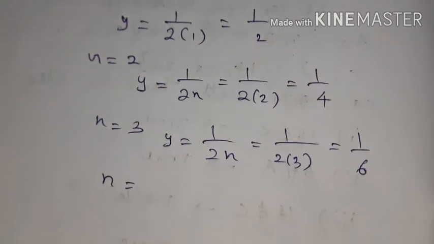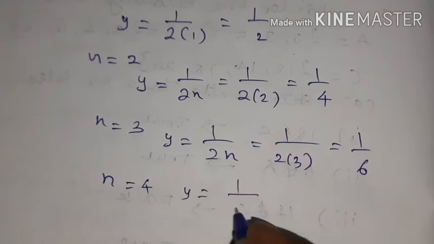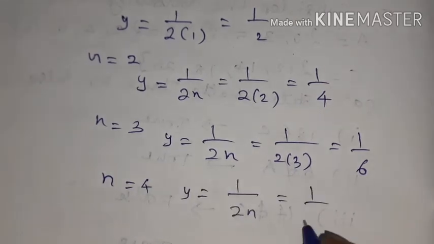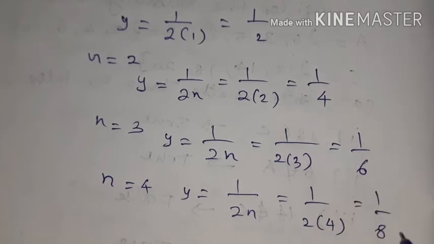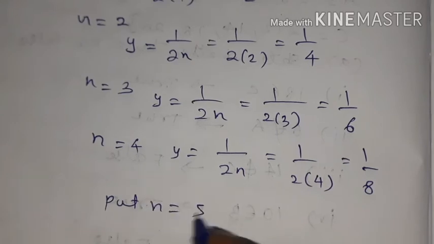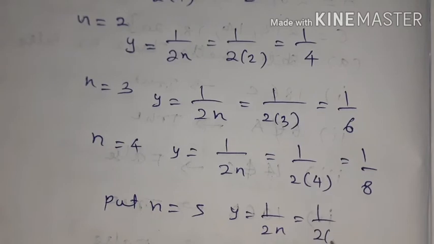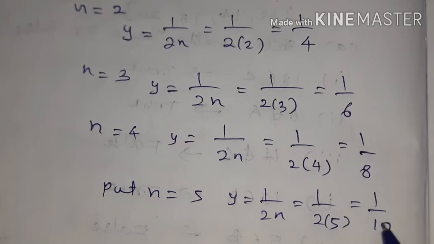Then put n equal to 4, y is 1 divided by 2 into 4 is 1 divided by 8. Then put n equal to 5, y is 1 divided by 2 into 5 is 1 divided by 10.